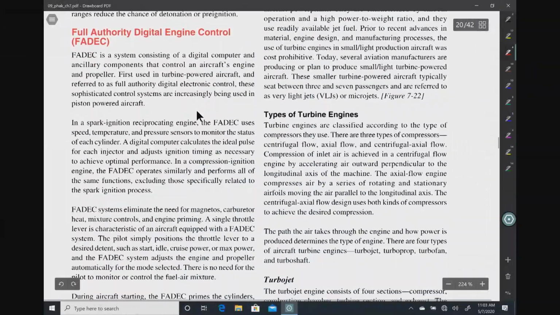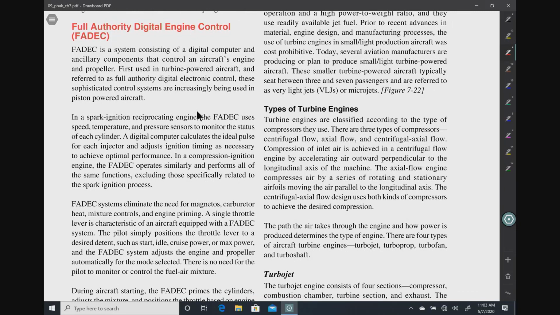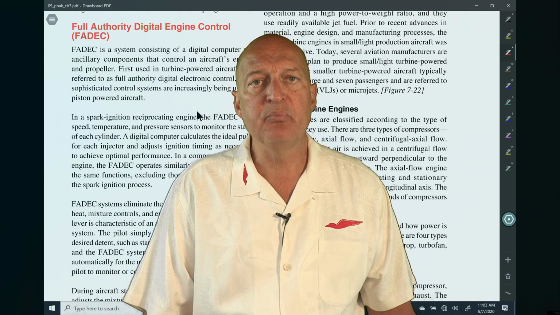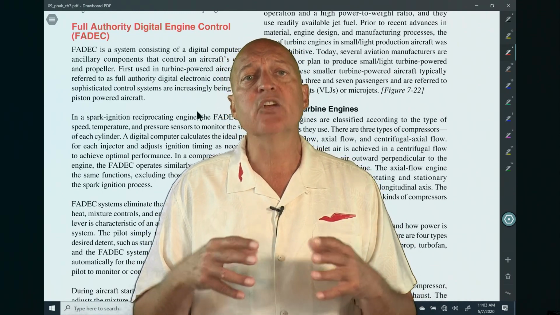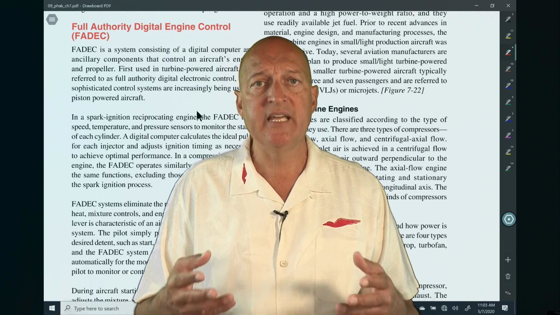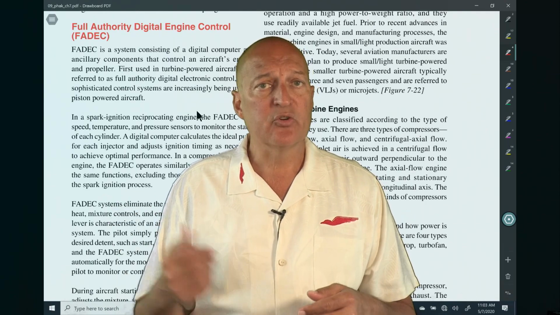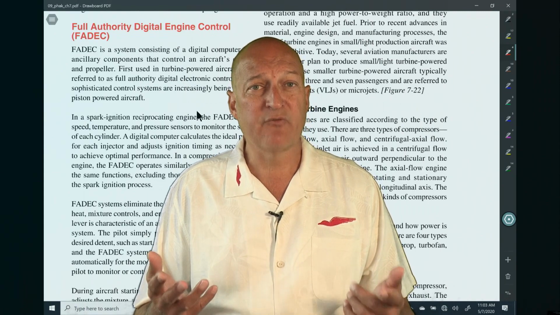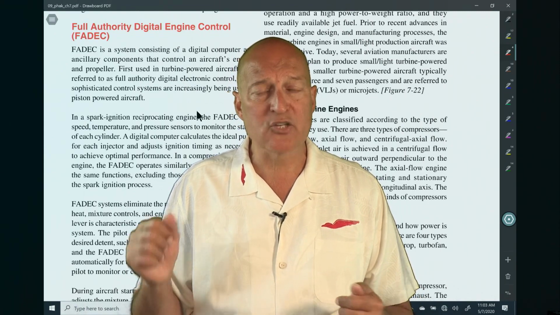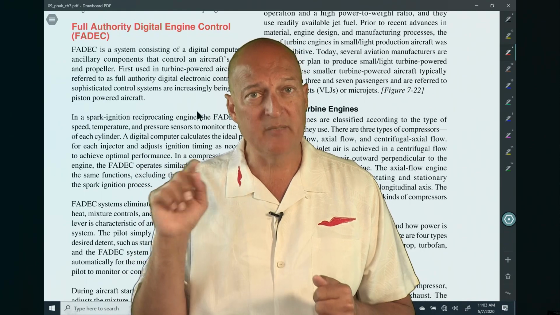One of the things that they have out here now is something called FADEC, Full Authority Digital Engine Control. As computers get smarter and smaller, they can control more of the operations in an aircraft. FADEC, as you can read here, is going to be one of those systems that can do a couple of different things for us. In some systems, it can actually govern that propeller that we talked about before.